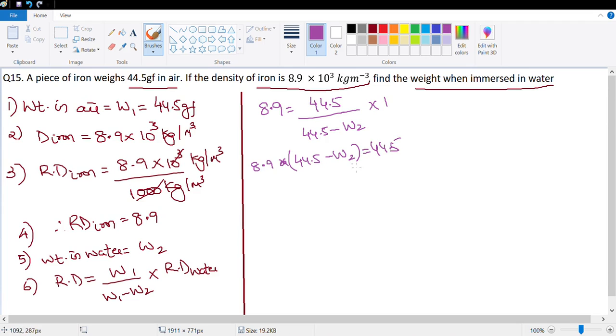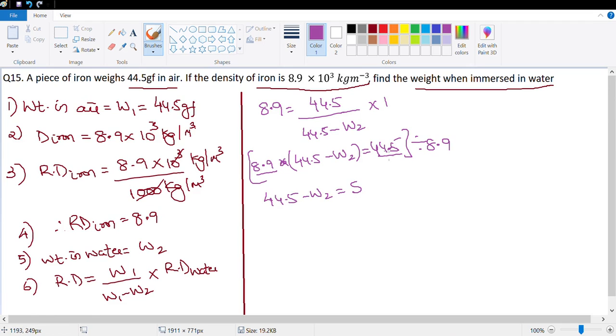Divide both sides by 8.9 because this is divisible by 8.9 and this is also divisible by 8.9. 89 into 5, that's 445. So this is 8.9 into 5. So dividing both sides by 8.9, what I get is 44.5 minus W2 is equal to 5.